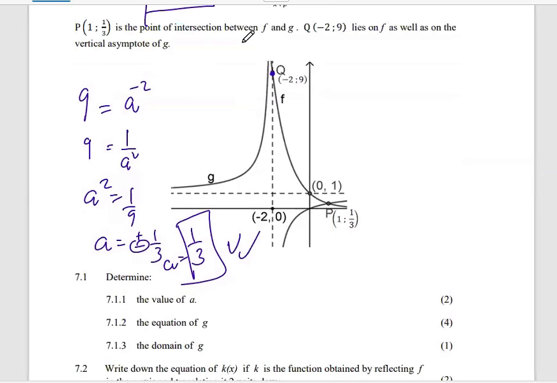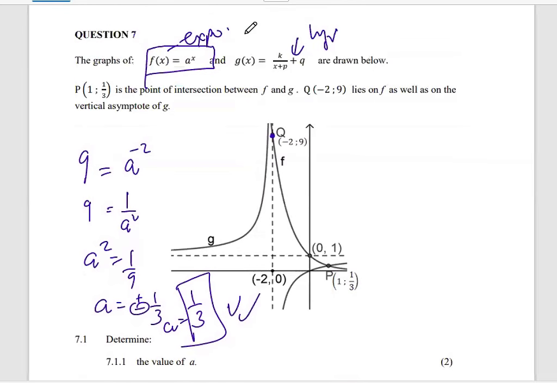And then they want us to get the equation of g, which is the hyperbola. So we have the asymptotes. Okay, it's going to be k/x. The vertical asymptote is -2, which means it's going to change to a +2. And then the horizontal is just 1. Let's get any other point where the graph passes.